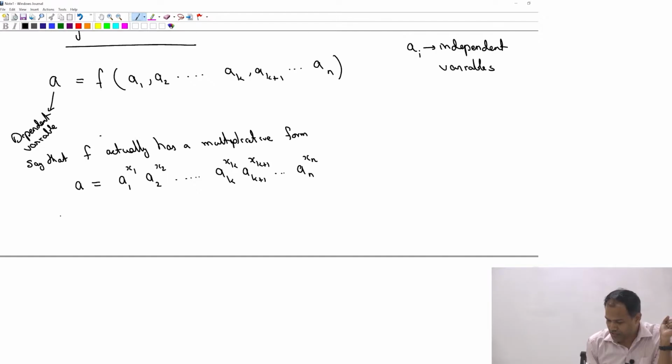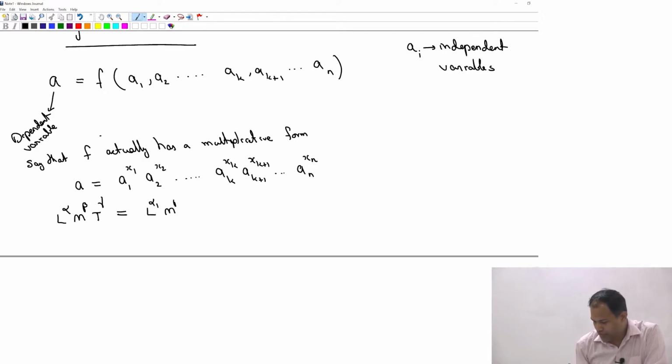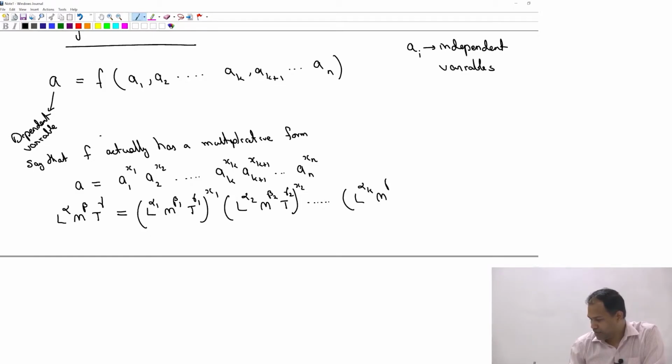So let's say the dimensions of A are L to the power of alpha, M to the power of beta, T to the power of gamma, which is equal to A1, L to the power of alpha 1, M to the power of beta 1, T to the power of gamma 1, raised to the power x1, times L to the power of alpha 2, M to the power beta 2, T to the power gamma 2, raised to x2, and so on, L to the power of alpha k, M to the power beta k, T to the power gamma k, raised to xk, and so on, up to L to the power of alpha n, M to the power of beta n, T to the power of gamma n, raised to xn.